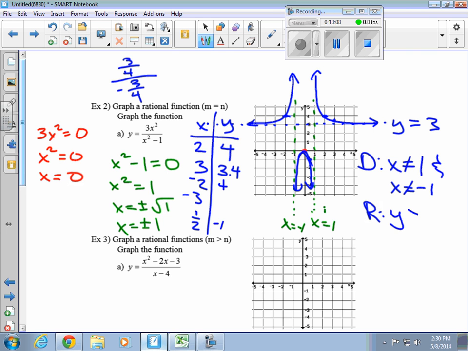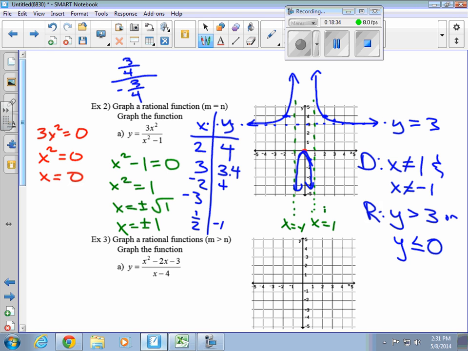Y must be greater than 3, right? Oh, sorry. Y is greater than 3. There you go. Or what? Can it equal 0? Yeah, so less than or equal to. Okay. Or y must be less than or equal to 0. Okay. So there's our domain and our range.